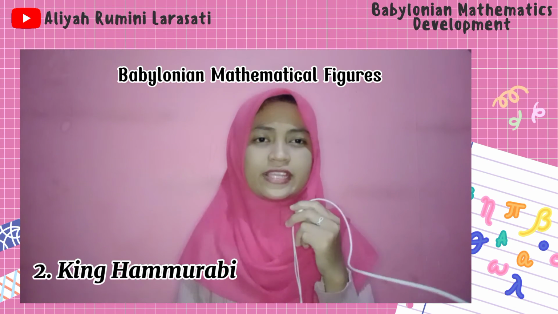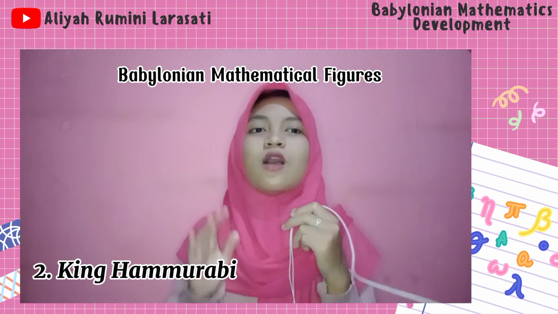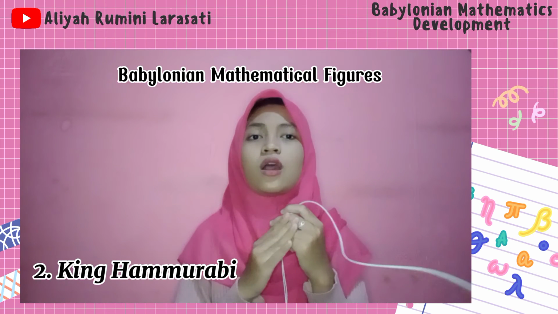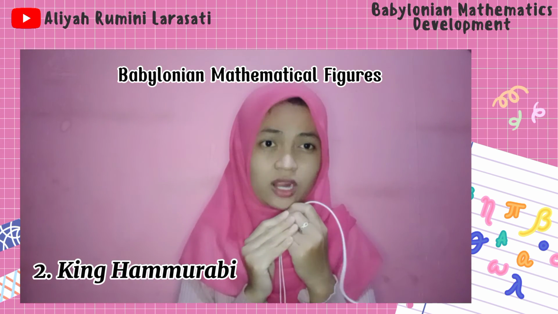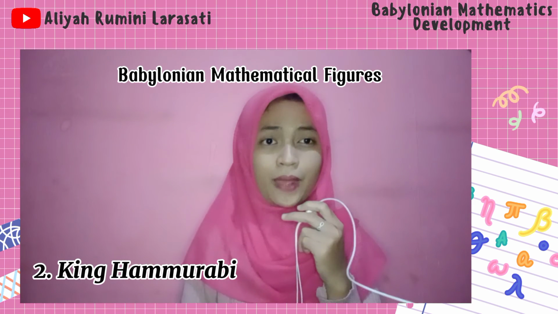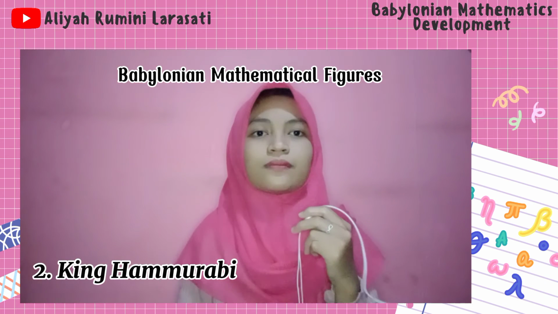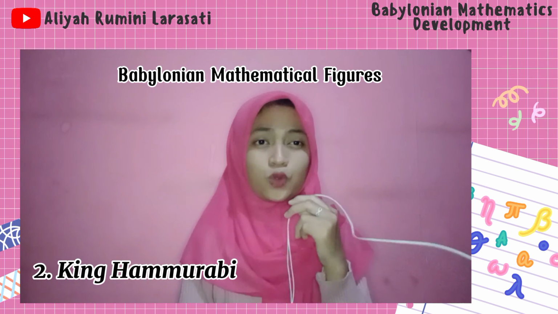The second one is King Hammurabi. King Hammurabi was the greatest Babylonian king. He is famous as a legislator. It is thought that in the past, the laws that were issued were made into inscriptions and shown to the general public for approval.